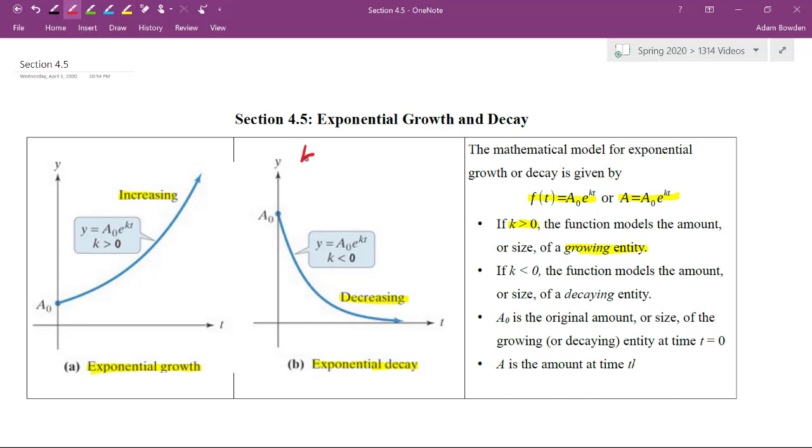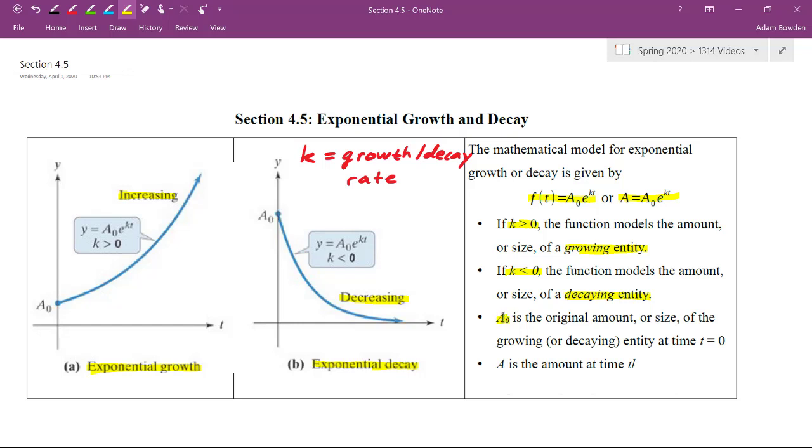So basically K stands for the growth or decay rate. Because if K is less than 0, if it's a negative number, then that goes along with how fast it's decaying in the exponential decay. So that's the first thing. K is going to talk about growth or decay rate.